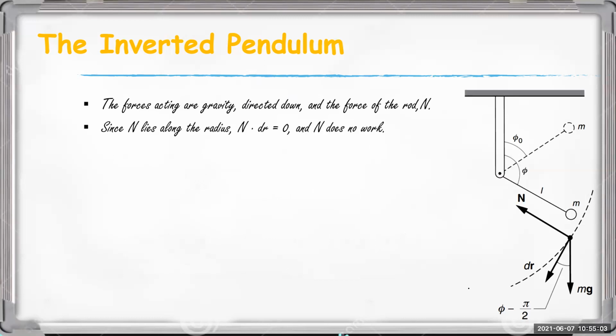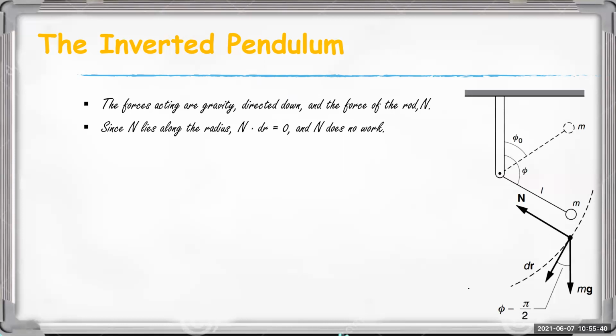And since the tension force on the string acts along the radius, it is perpendicular to the direction of dr, then N dot dr must be equal to 0.